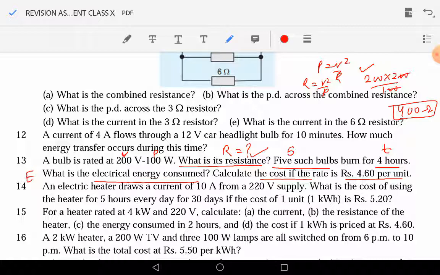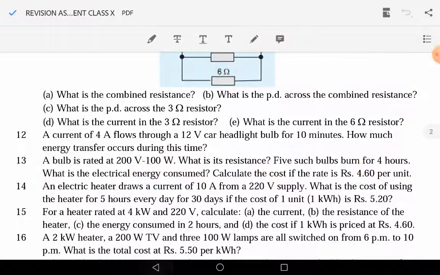Now they are asking us to find out the energy consumed, and since we also have to find out the cost, energy consumed should be in kilowatt hour. So now let us find out what is the total cost.